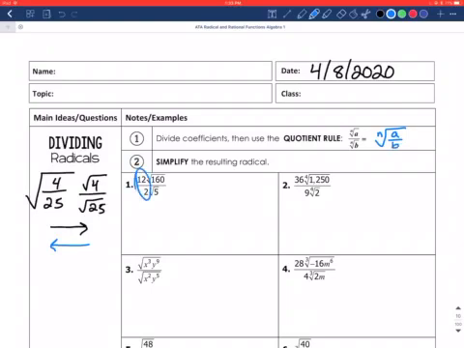So, for number 1, 12 and 2, we're just going to divide that out and get 6. And then we can make this 160 divided by 5 and put that all under one big radical. So that will equal 32. Then from 32, we just do our factor tree or type it into the calculator.